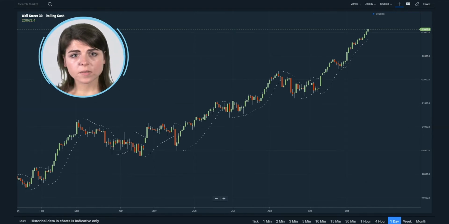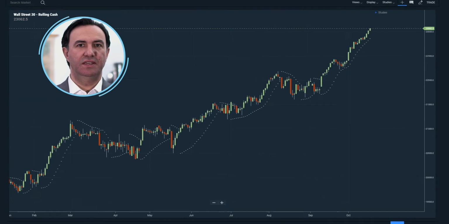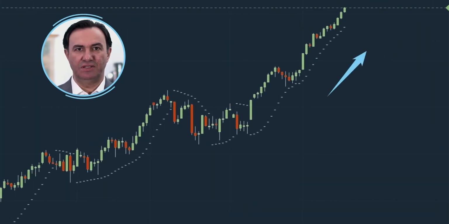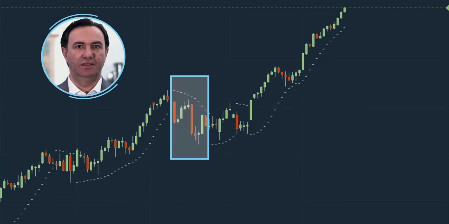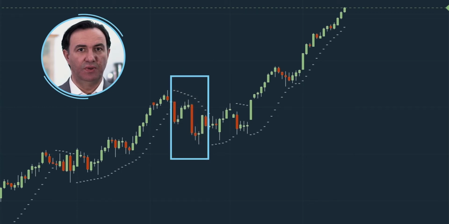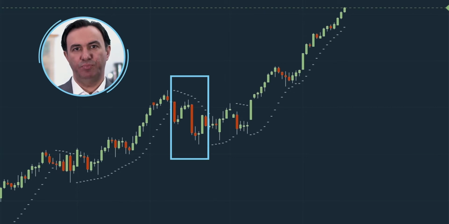Yes, I see that. Good. So Wall Street 30 is in a significant uptrend at the moment, and SAR is below the price data, confirming the trend. Look here, where a downtrend is starting to form. We can see that SAR switches and it's above the price.